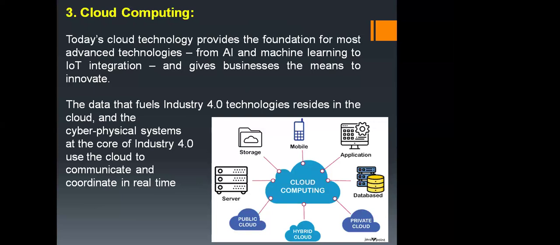The third one is a very recent keyword, a buzzword we often encounter: cloud computing. Today's cloud technology provides the foundation for most advanced technologies, from AI and machine learning to IoT integration, and gives businesses the means to innovate.